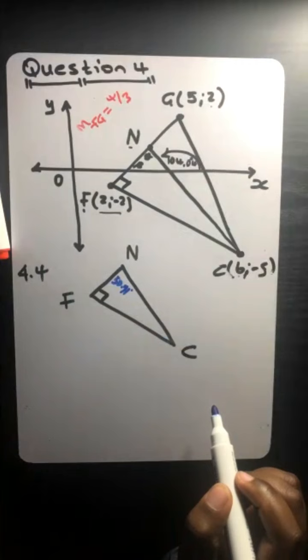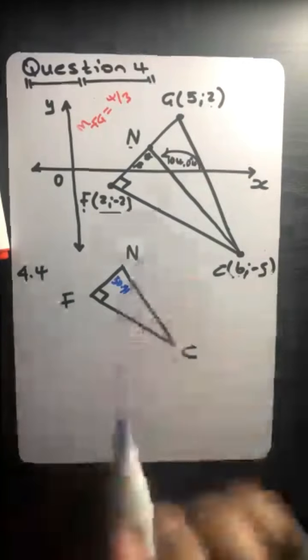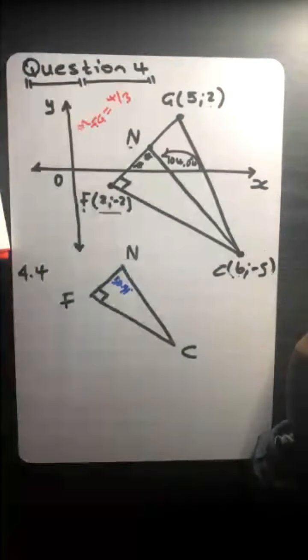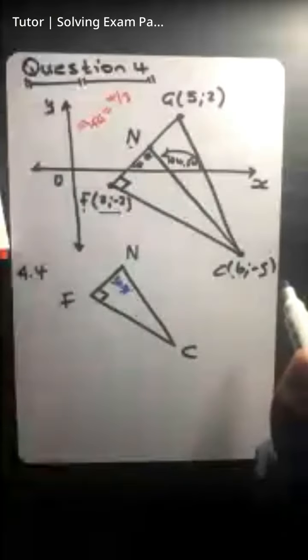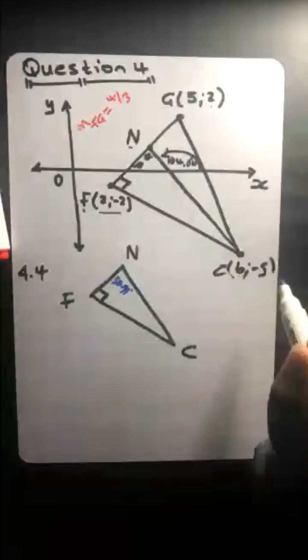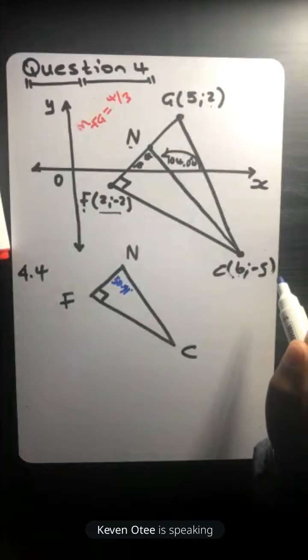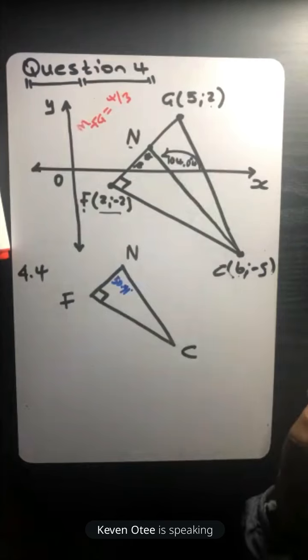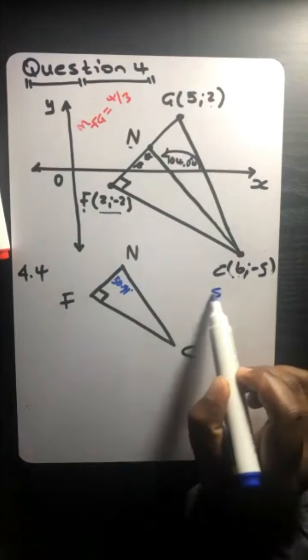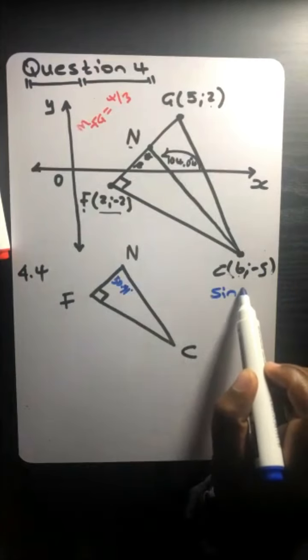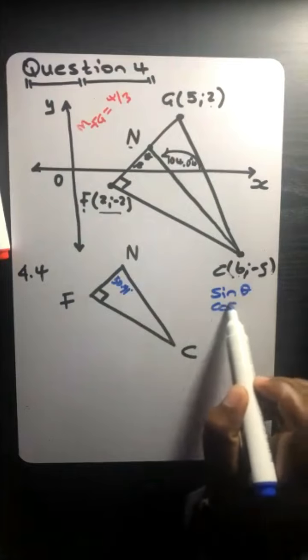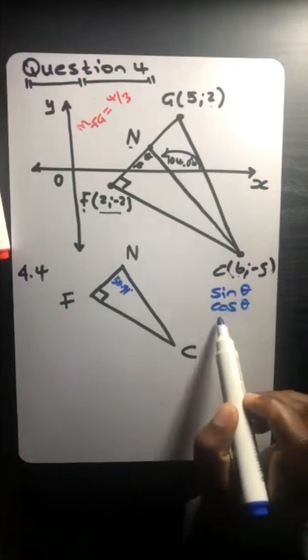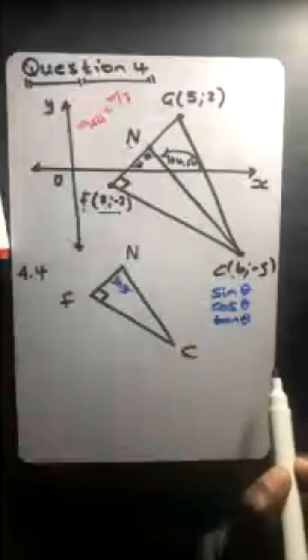So remember, guys, the moment you have a right angled triangle, it means we can use trig ratios: sine angle, cos angle, tan angle.